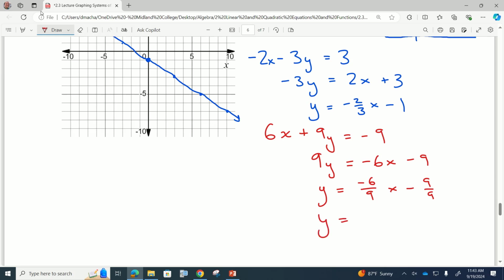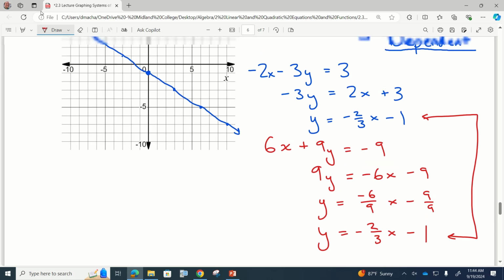So negative 6 over 9 simplifies to negative 2/3. And of course 9 over 9 is 1. And I say, okay, my red line is going to have a y-intercept of negative 1 and a slope of negative 2/3. But you might actually notice I'm about to graph the same line.